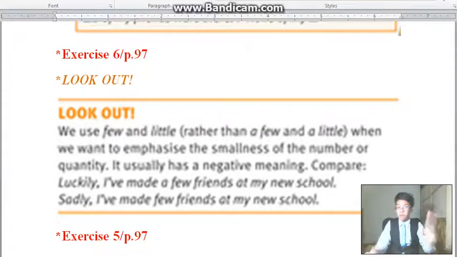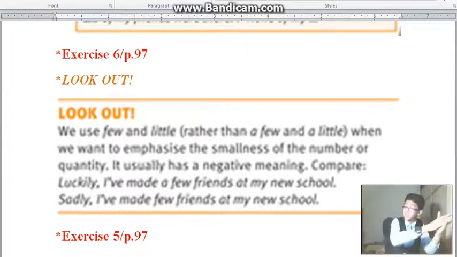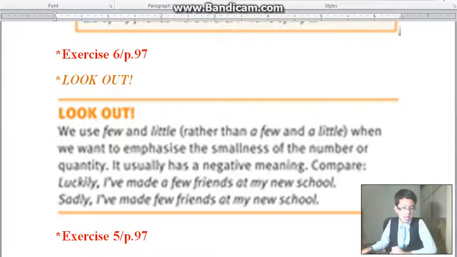So it has the negative meaning, right over there. Luckily, I have made a few friends. So a few friends, still positive. A few friends at my new school. But the second sentence, sadly, I've made few friends at my new school. So just very few. So it means negative meaning.